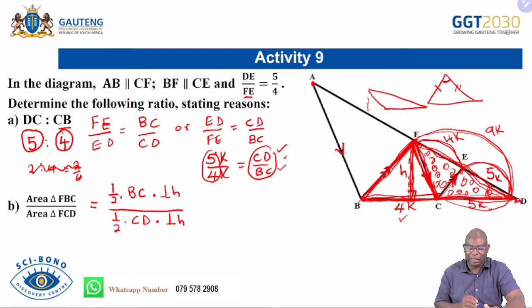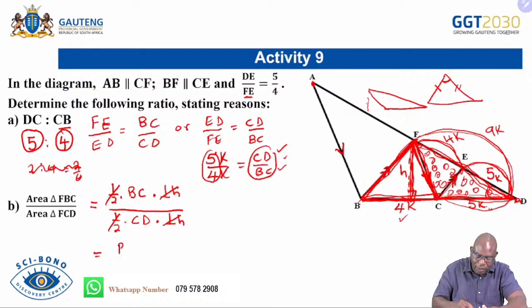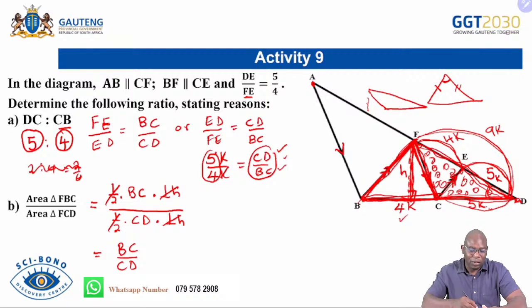Nice. So what am I going to have here? A half and half will cancel out. The perpendicular height is going to cancel out. What is left here? It's BC over CD. Can you see why this question was asked in A?